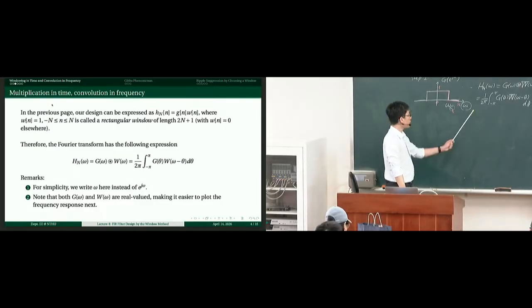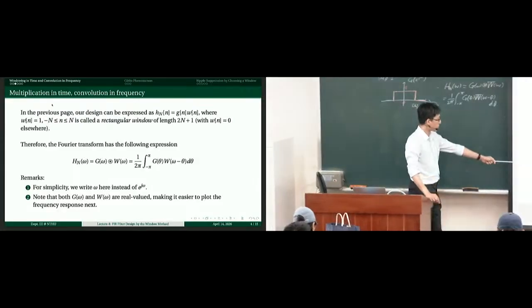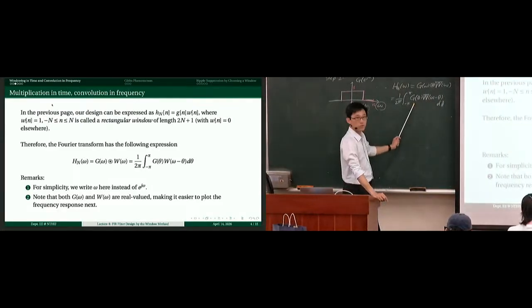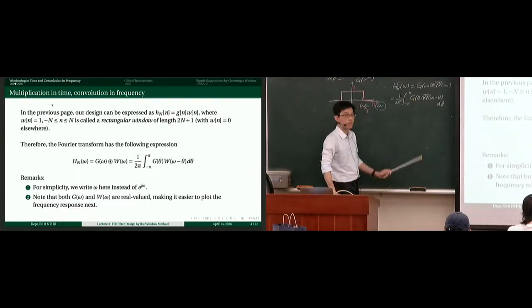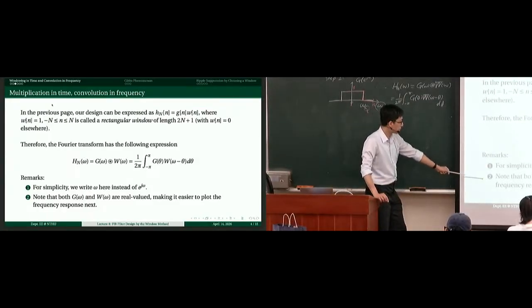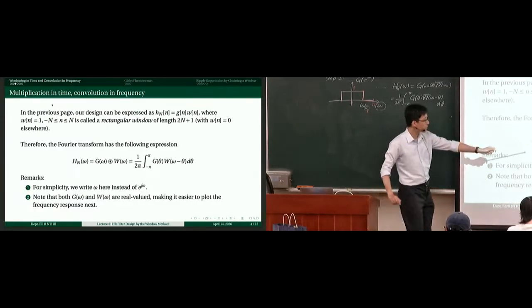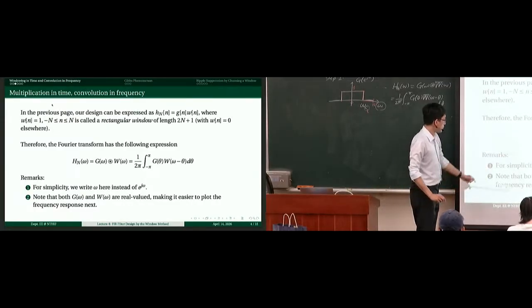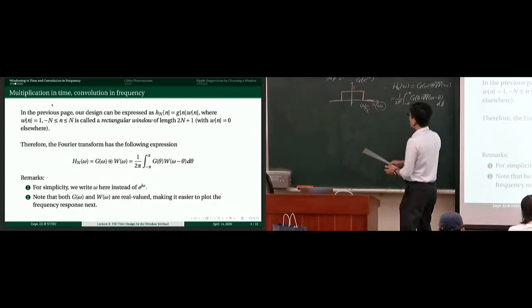Okay, with that, we have a few additional remarks. The first remark I've mentioned is that here we have a sloppy notation. Big G is the Fourier transform of small g, making our notation easier. And secondly, note that in our definition right here, G of omega is our ideal response.